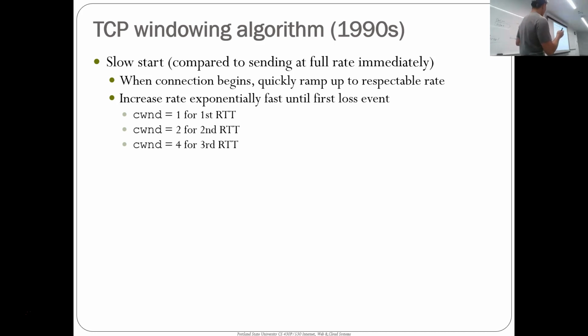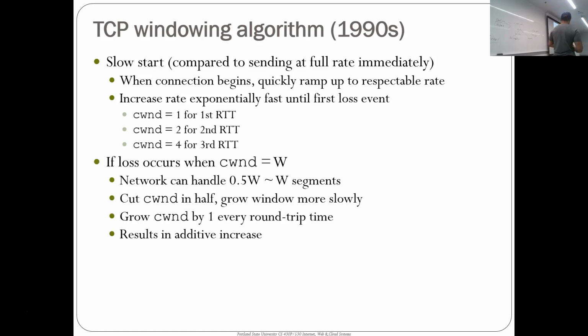In this case, the TCP window starts at 1, and then every round trip it'll double as long as no packets are lost. So that's the rate. Whenever a loss finally occurs on that connection, then you can infer that because you are doubling every round trip time, the window size is somewhere in between half of W and your current W. And so on a loss, TCP will halve the window size.